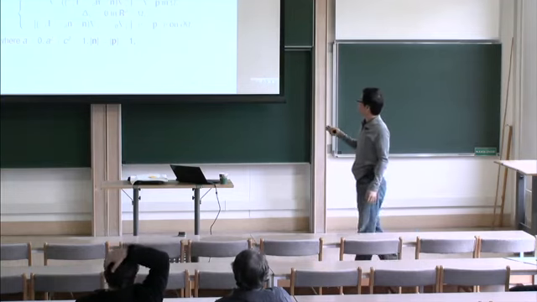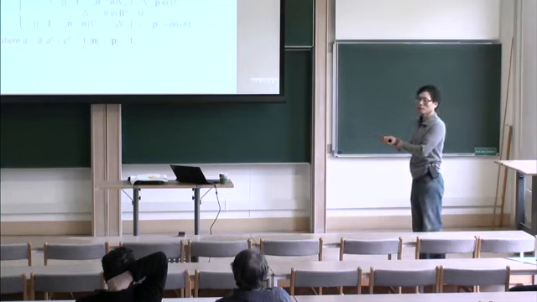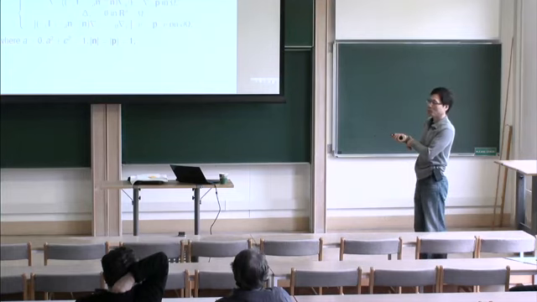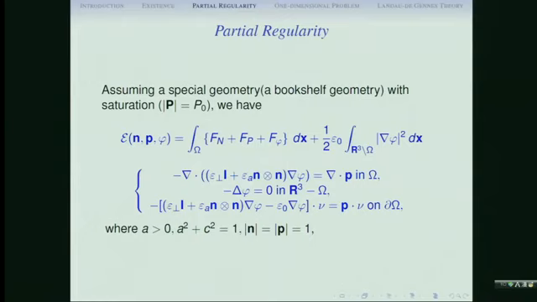And then I was very interested, and then I'm going to discuss some partial regularity for n and p. Without this p, we know that the singular set has one-dimensional Hausdorff measure 0. And what if you consider these Maxwell's equations?